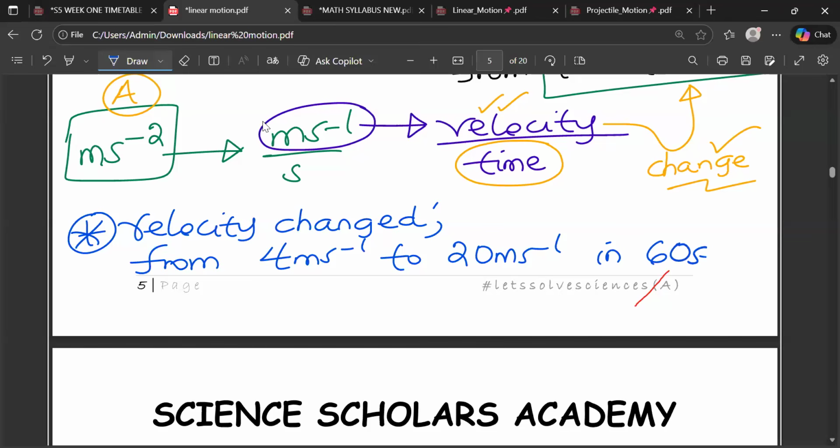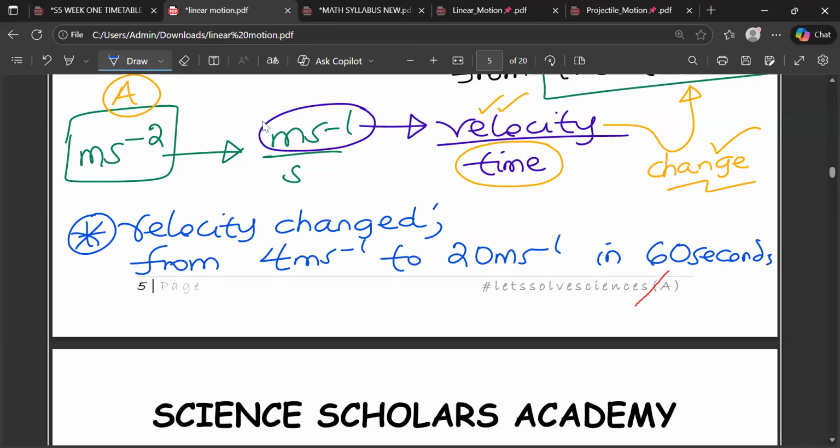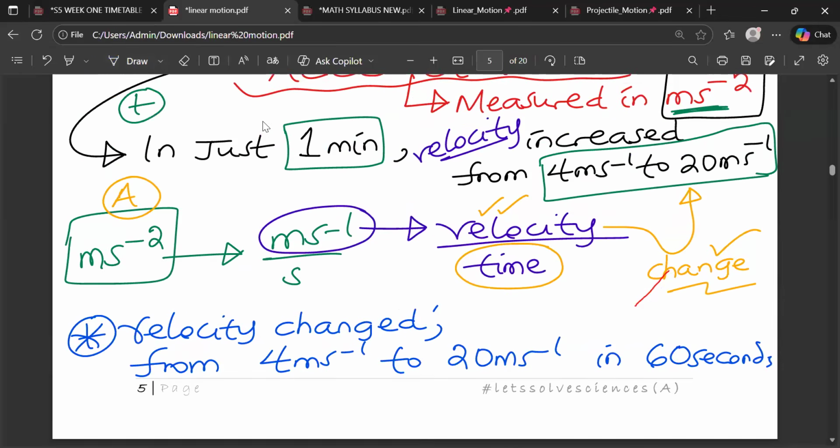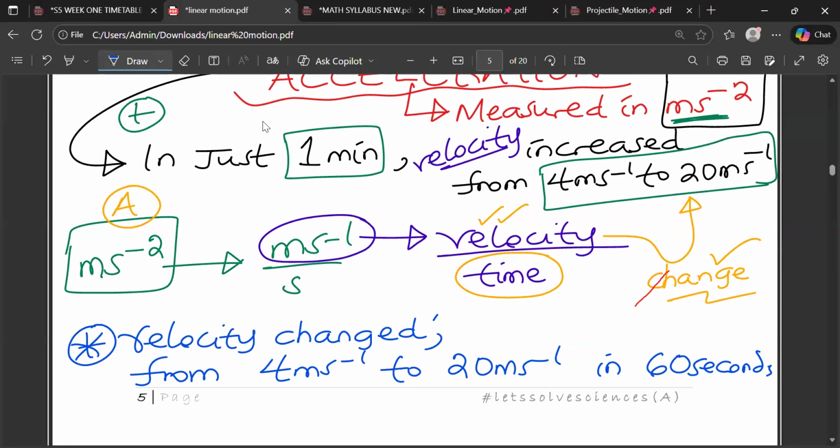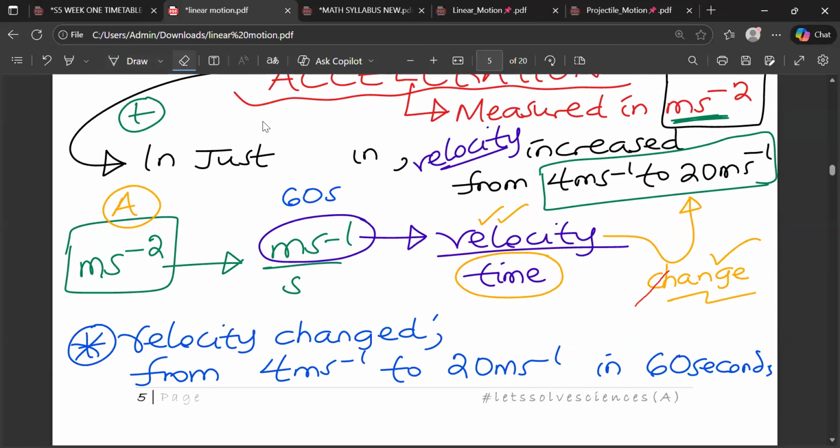Remember I told you it is better we have our time in seconds, because even the speed is meters per second. Let me use seconds, some people may be disturbed.